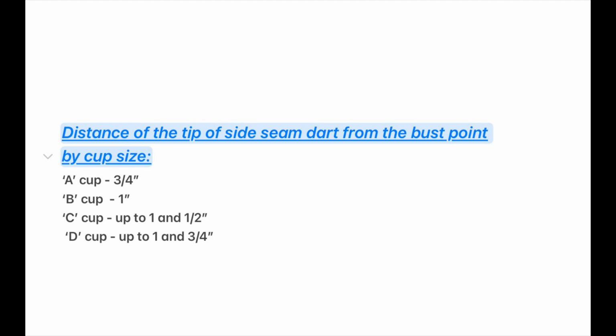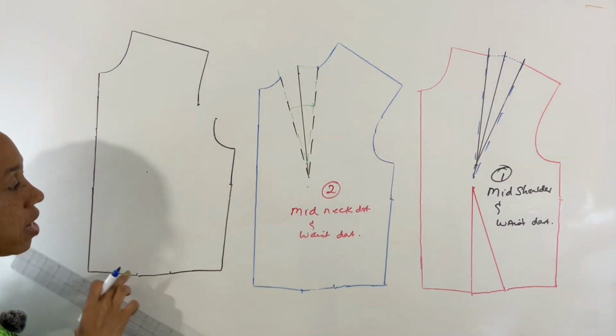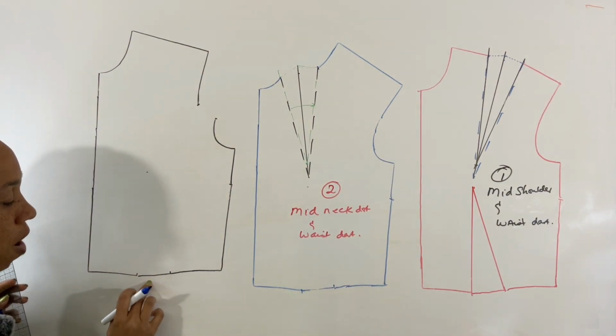For a C cup, that is 1.5 inches away from the bust point. That's the tip of your underarm dart. And if it is a D cup, then that is 1.75 inches away. So you have to know what size measurement your sloper is that you're working with, and then you can do that using the underarm dart. Otherwise, stick to finding the bust point from the waist dart.